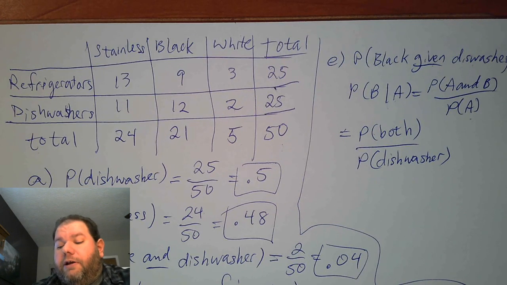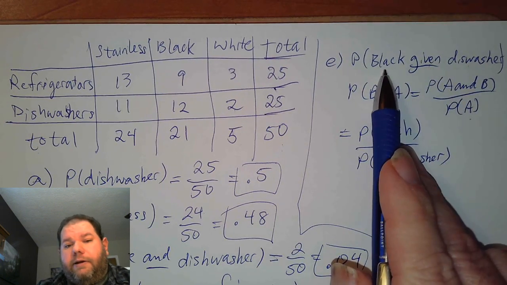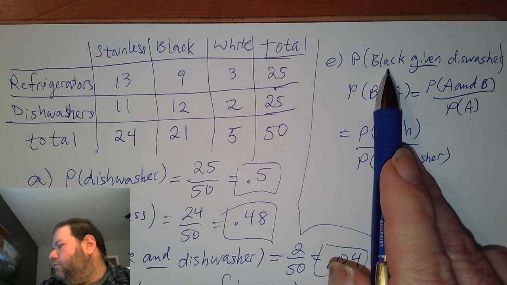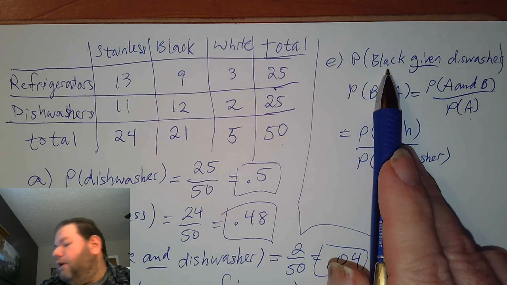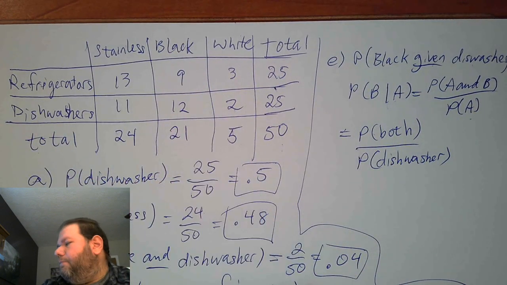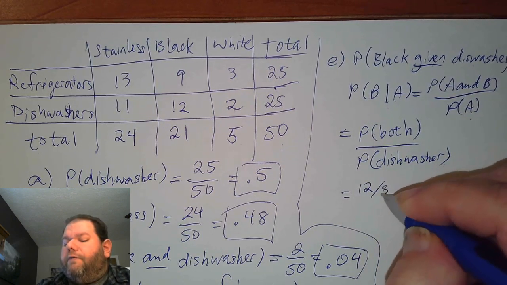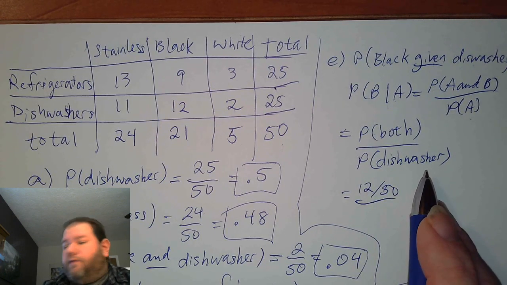So how many appliances meet both requirements, that it's a dishwasher that is black? It's black dishwashers. So it's 12 out of 50. And then the probability of even choosing a dishwasher in the first place, we already calculated that once.